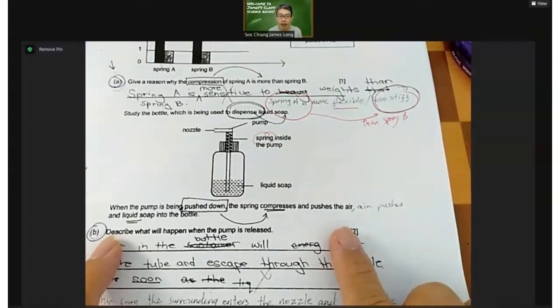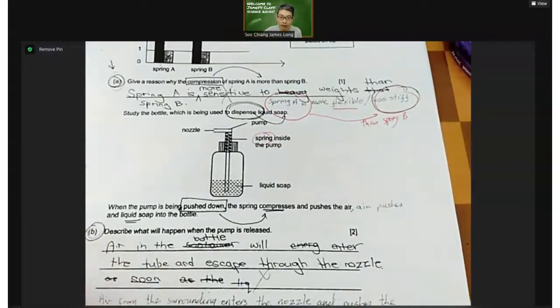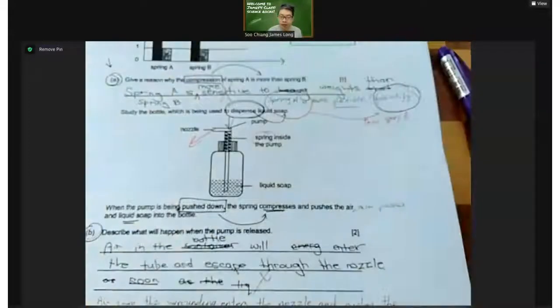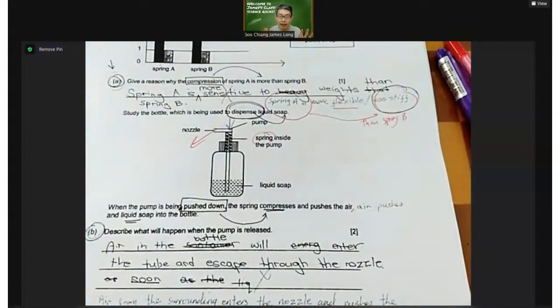What do I mean? When you press down the nozzle, the liquid soap comes out. It happens at the same time. But the question here says it's happening in stages.